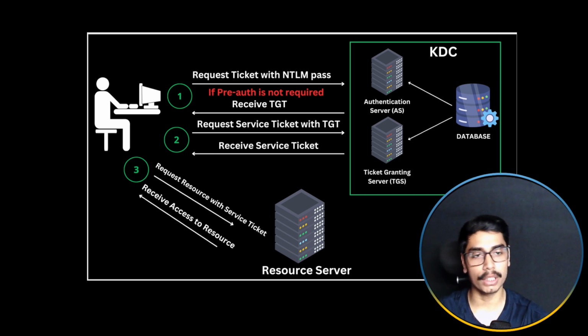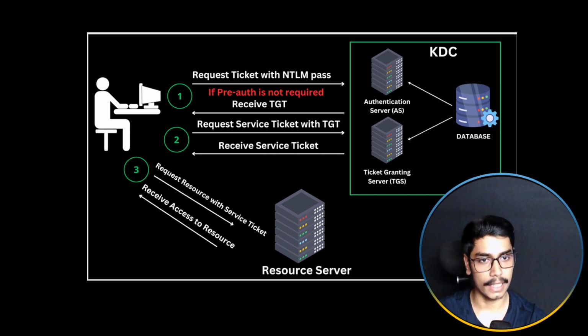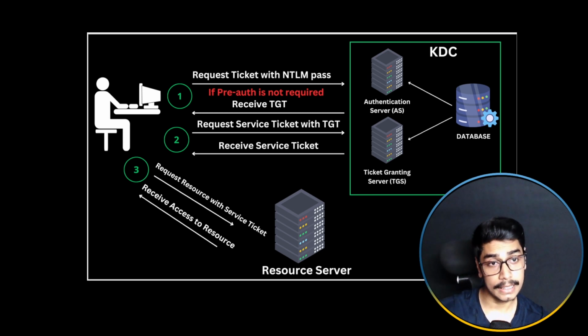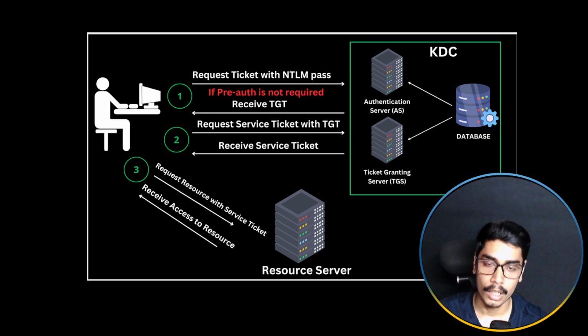After that, the client sends a timestamp encrypted with the user's password-derived key, also known as the NTLM hash, to the KDC. Then the KDC decrypts the timestamp with the NTLM hash that is also stored in its database, checks and validates the timestamp, and if it is within the allowed time range, the KDC responds back with the TGT.